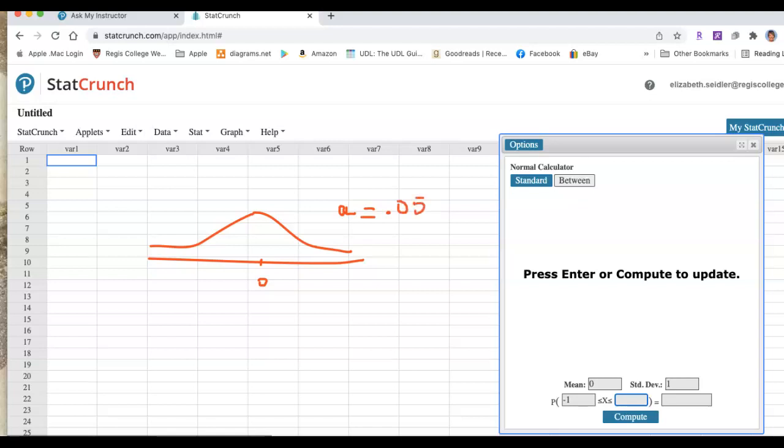So half of that area is in the right tail here, and half of the area is in the left tail here. So alpha over 2 is equal to 0.025. Okay, so this is just a little tricky, but not too tricky.